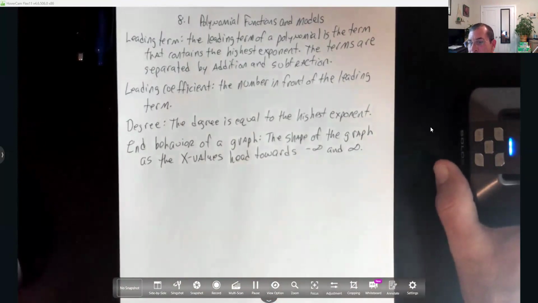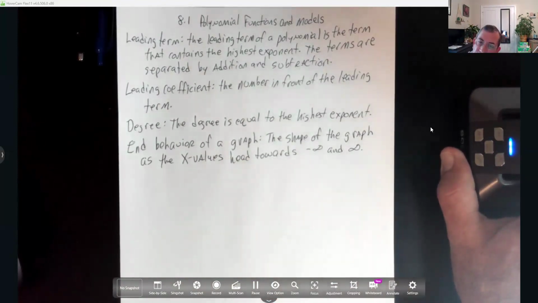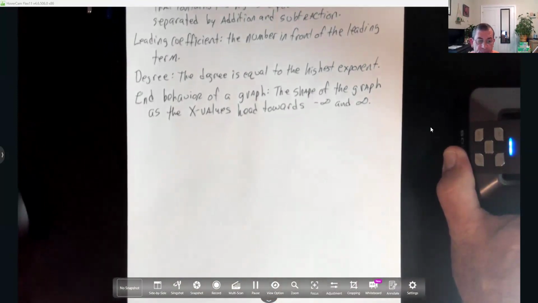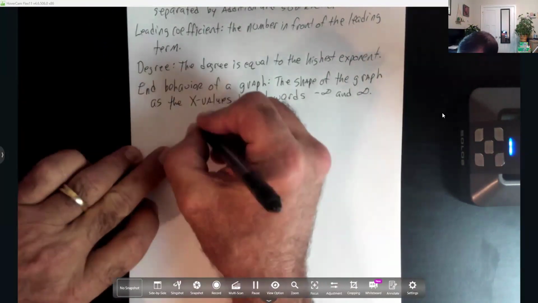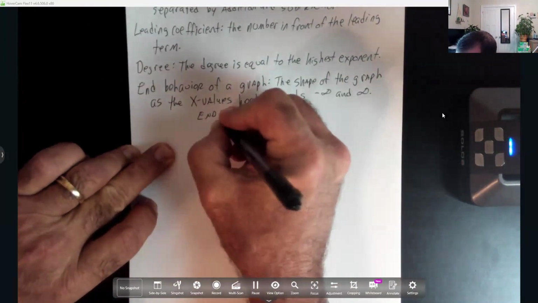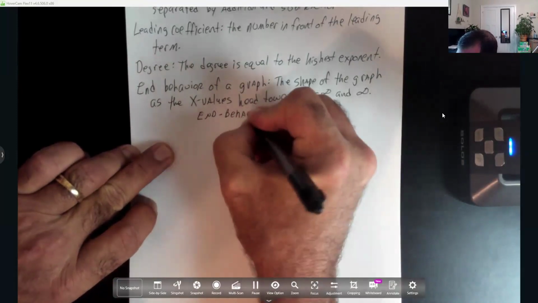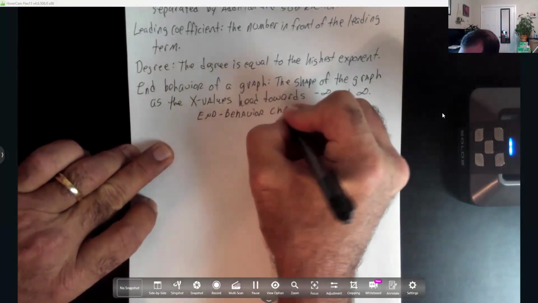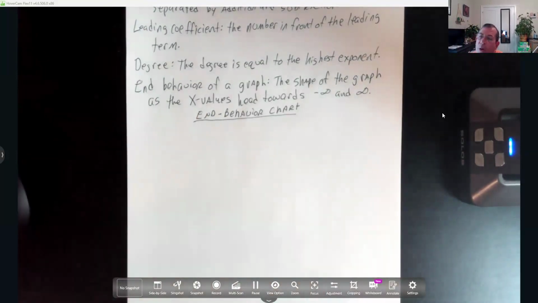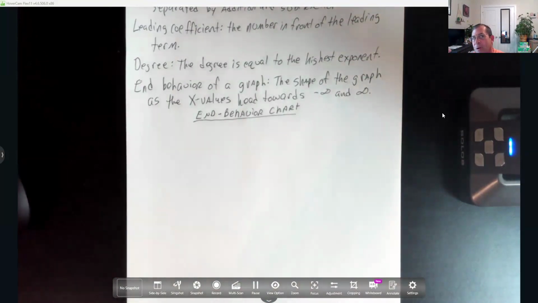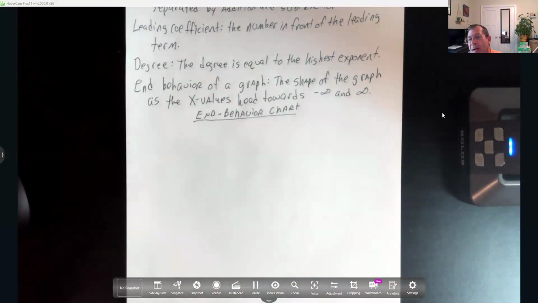Now, based on the degree and the lead coefficient, we can predict what happens to those graphs as they head towards those infinities. So what we use is what we call an end behavior chart. Okay, and this will give us 4 diagrams that we can look at the degree and the lead coefficient to tell what our graphs will look like as they get bigger and bigger, okay?